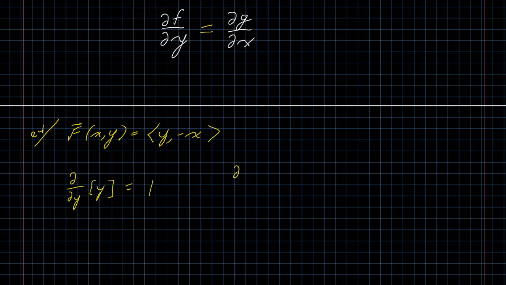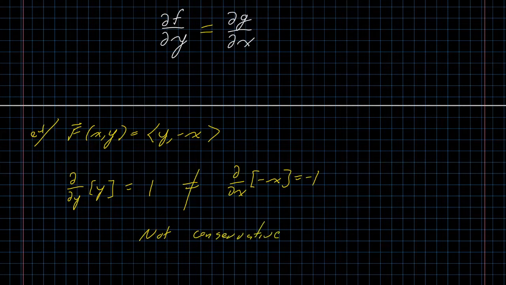And if we take the partial with respect to x of the y component, we get negative 1. Those are not equal to each other. So this vector field is not conservative.